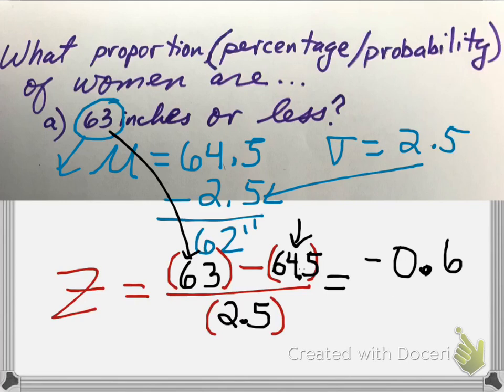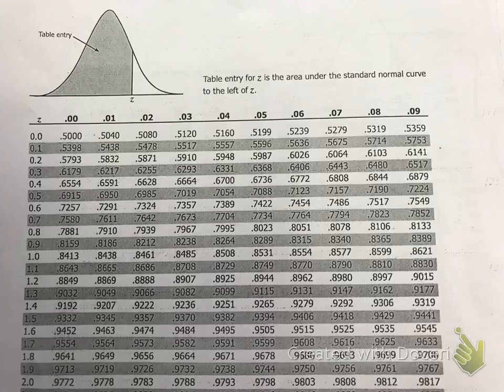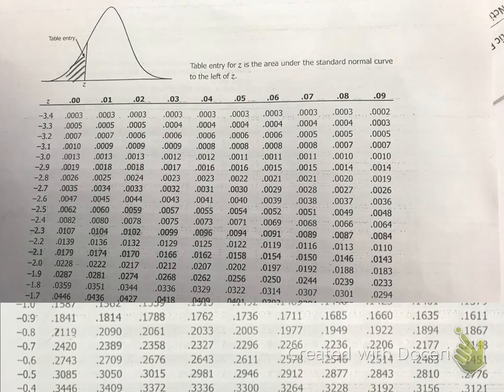So we calculate a Z-score, and there's something called a Z table. I suggest that if you don't have one in front of you, you find a hard copy of a Z table. The Z table is two-sided. It has a side with positive Z-scores, and a side with negative Z-scores.